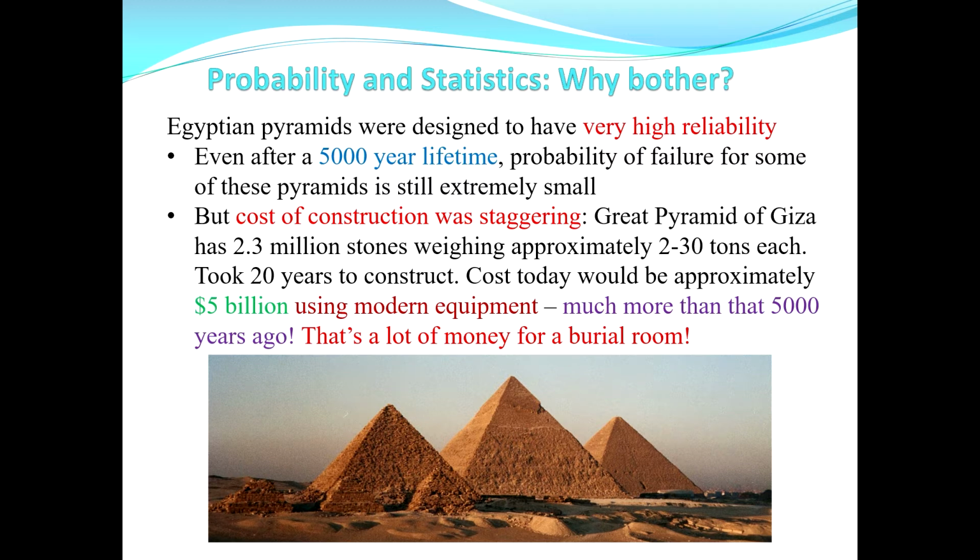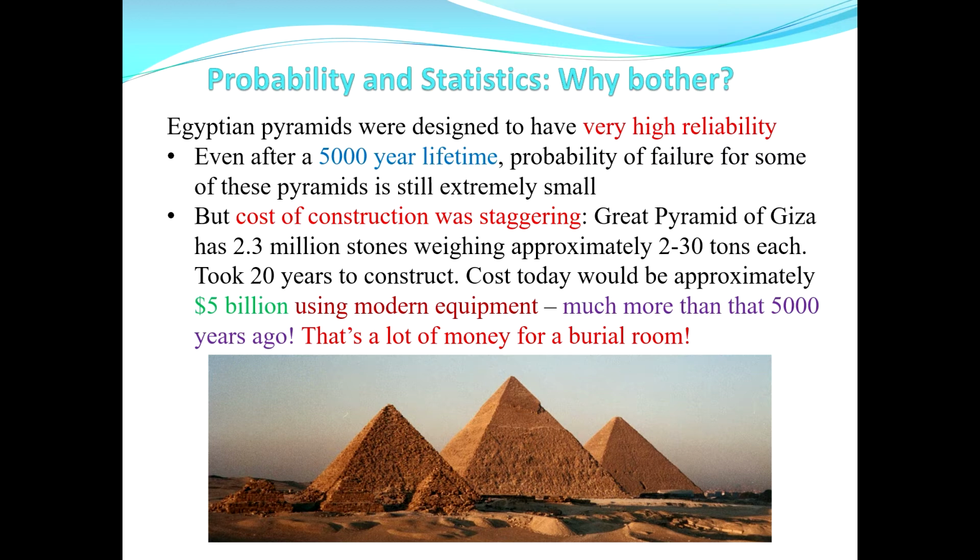The utility there was to provide a burial room for an individual, or perhaps his or her family. But the cost of providing that utility was staggering. In today's dollars, it would be about $5 billion to construct one of those pyramids. But the other side of it is that they last for a long, long time.